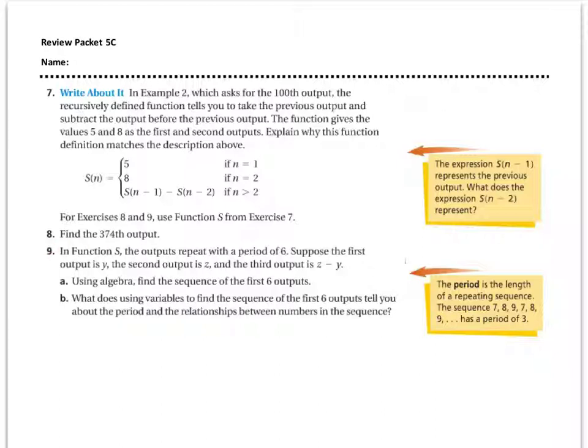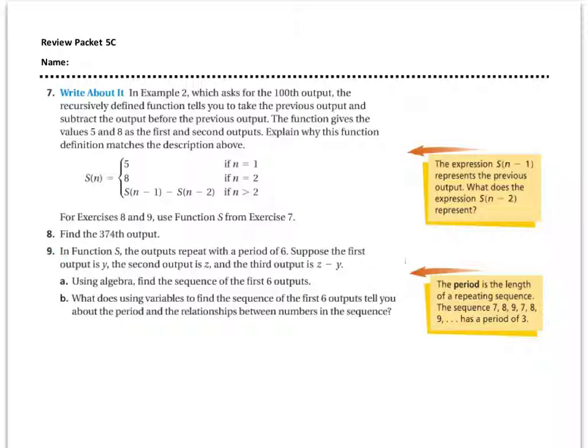Problem number 9 in function s. If you need to look at this, then go to the website. You should have your account set up for the online textbook if you don't have one with you.